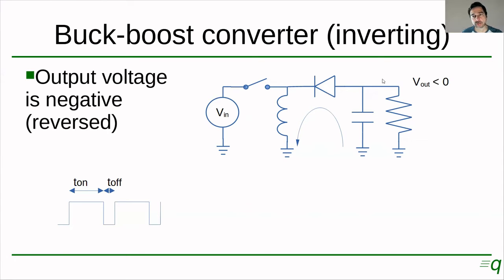And that's what's going to be producing a negative voltage here. If you want the equation, again, it's going to be something like this. So it's going to be negative times the input voltage times the relationship between the on and off times for the signal that controls this switch.